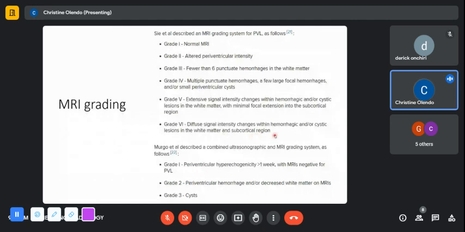And for Murgo et al., they did a combination of both ultrasonographic and MRI grading system, and they have 3 grades. Grade 1 is periventricular hyperechogenicity for more than 1 week with MRI negative for PVL. Grade 2 is a periventricular hemorrhage and/or decreased white matter on MRIs, and grade 3 is if you have cysts.